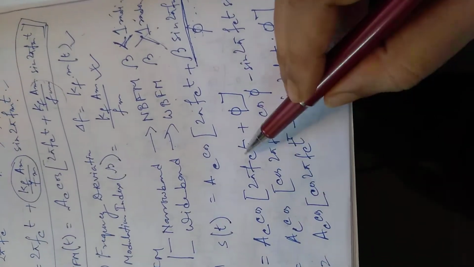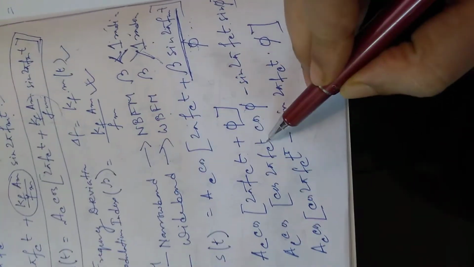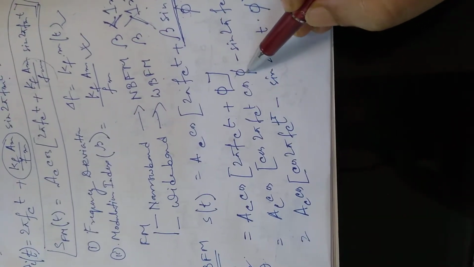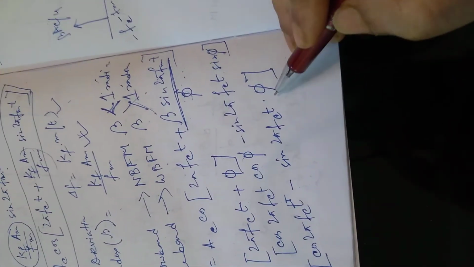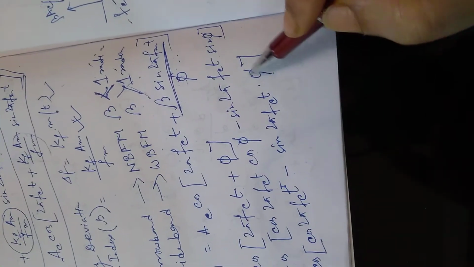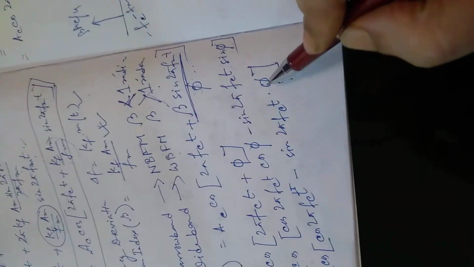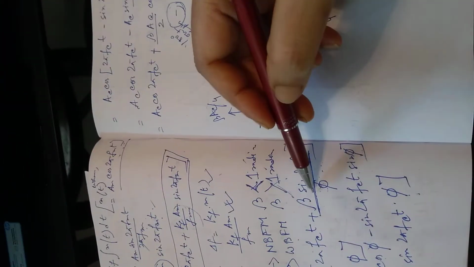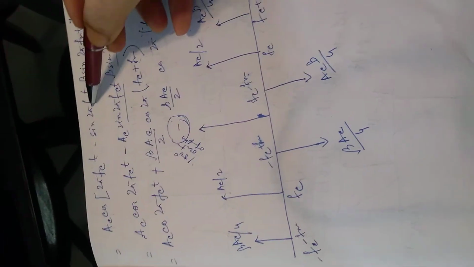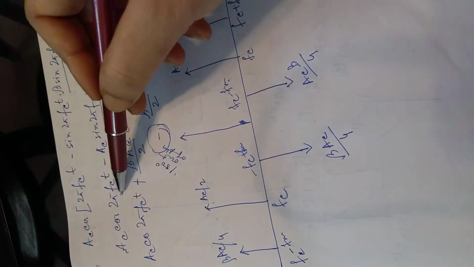And from the cos A plus B formula, cos A cos B minus sin A sin B, cos 0 will give me 1, and sin theta equals theta at theta equals 0. So I have taken sin phi equals phi. So instead of phi, I have substituted the value of phi, that is beta sin 2 pi fm t, which has given me like this. And this is Ac cos 2 pi fc t.